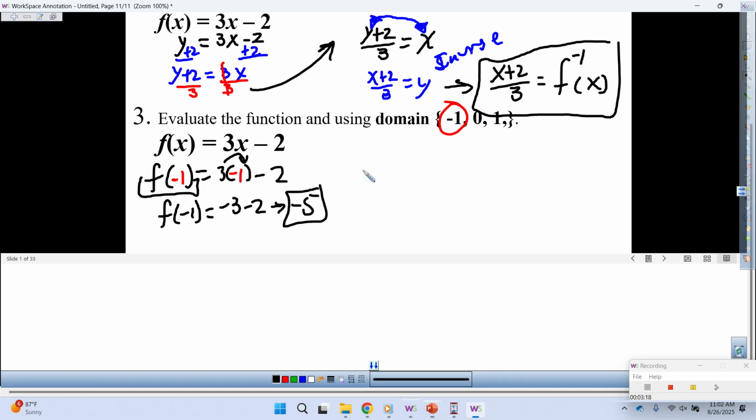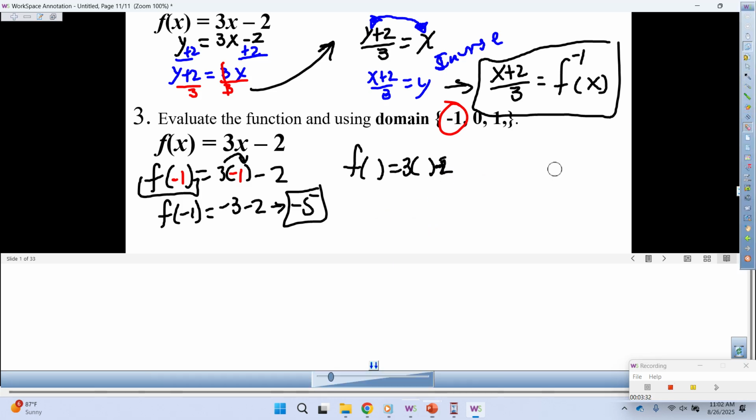Let me do that again for the next value. f blank equals 3 blank minus 2. So my next value is 0. Left side stays the same.